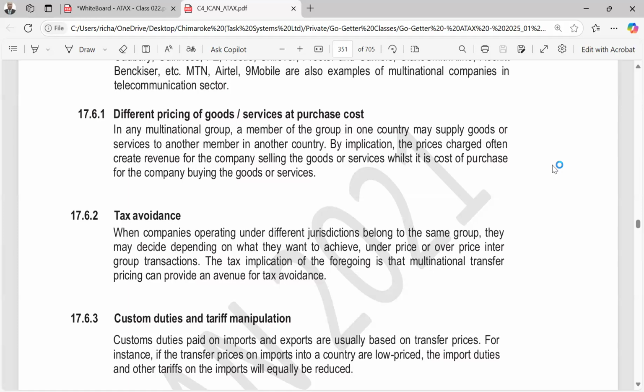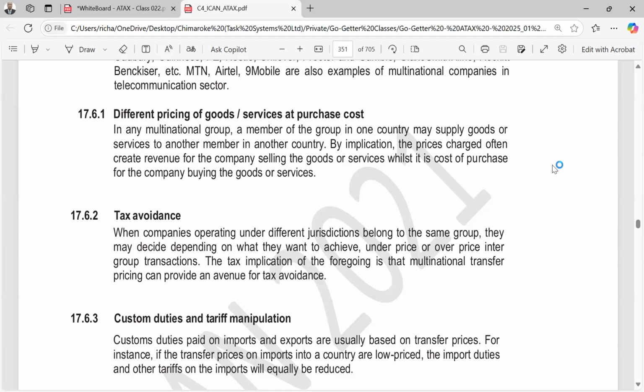Now, when companies operating under different tax jurisdictions belong to a group, they may decide on what they want to achieve. They may want to underprice or overprice intergroup transactions. And in that way, they are doing something called tax avoidance.